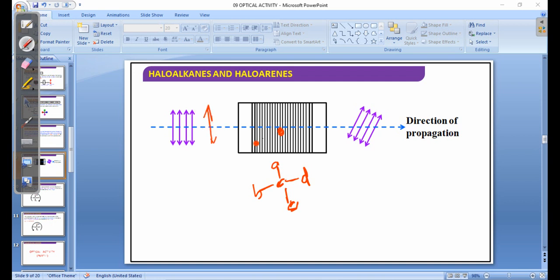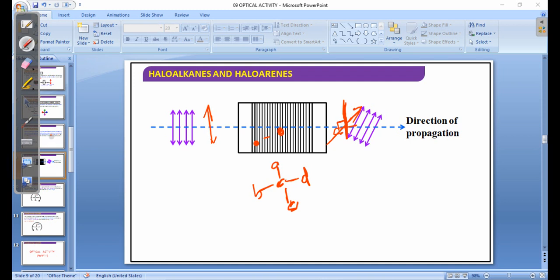While moving through this solution, it is rotated a little bit. Suppose initially it is straight, at exactly 90 degrees, and now it is rotated a little. This phenomenon is known as optical activity. Okay, you can read once again.